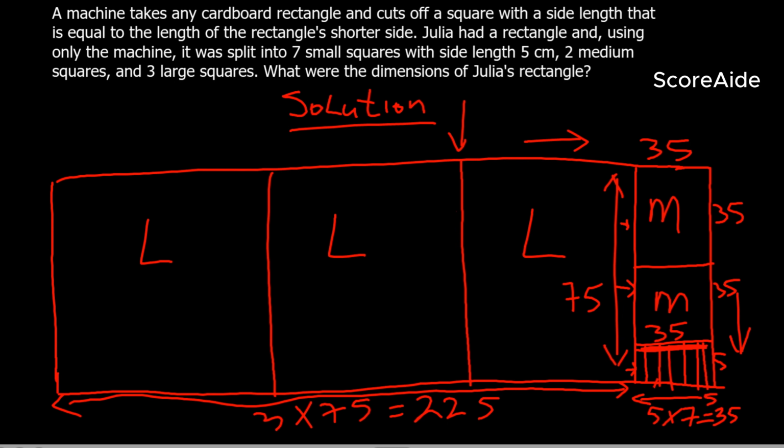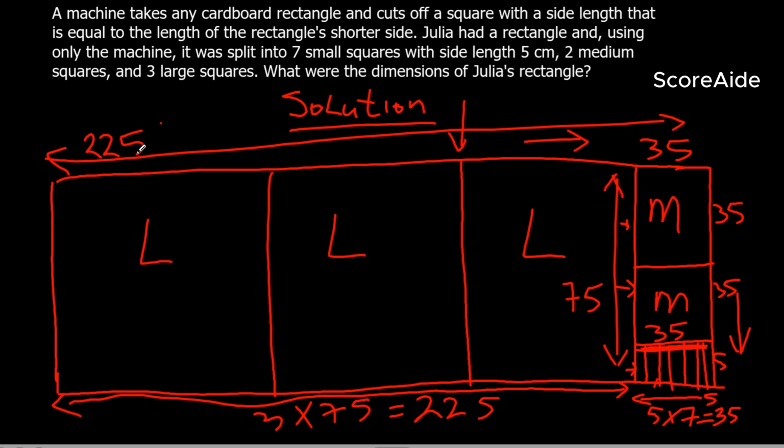Since it is 225, all of this length from here to there will be 225 plus 35.